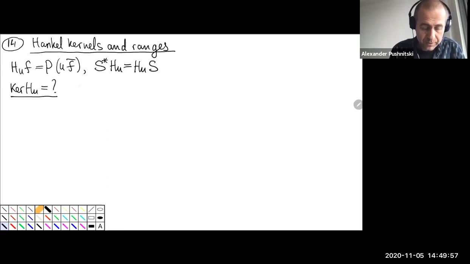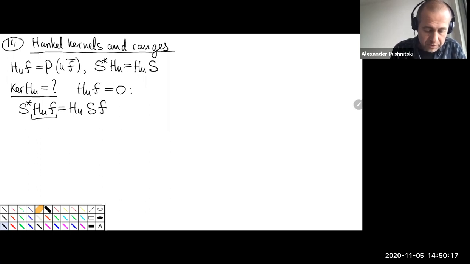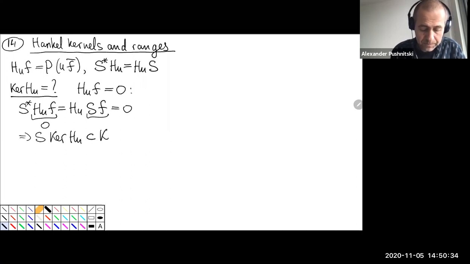If we have an element in the kernel, so if HUF equals 0, let's apply the commutation relation to it. So we have S star HUF equals HUSF. The left-hand side is 0 by assumption, and so the right-hand side is also 0. So that means that SF is also in the kernel. So we see that S maps the kernel of HU to itself. And that's it.